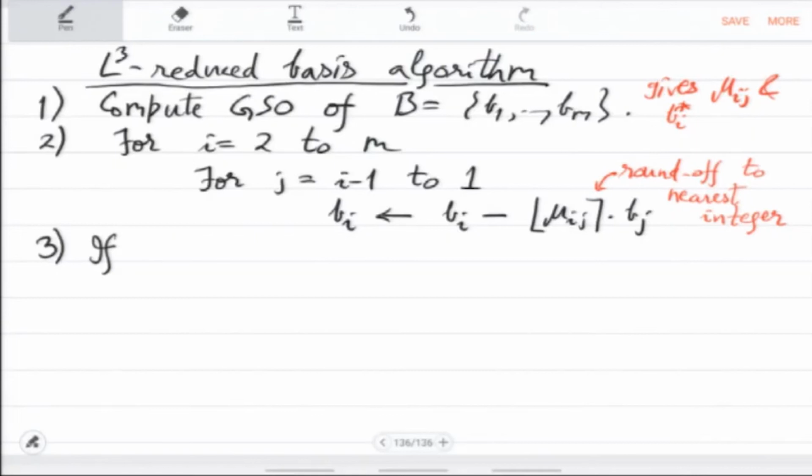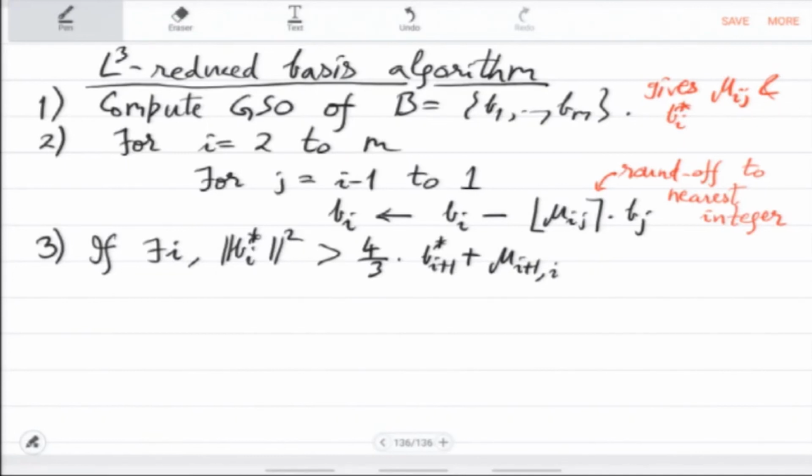So suppose there exists an i such that it is violated. The left-hand side should have been less than or equal to this for condition 1, but suppose it is violated. So what should you do?